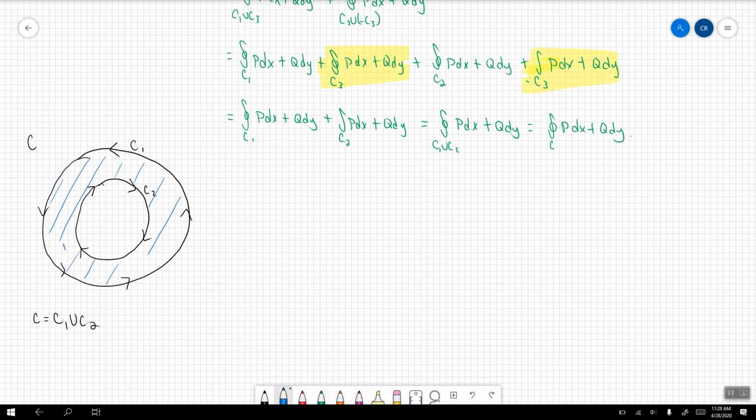This is my region that I'm looking at, D. Perfect. So notice curve 1 has positive orientation, curve 2 does not. What I want to do is start analyzing this specific annulus and how this is going to play out for Green's theorem.